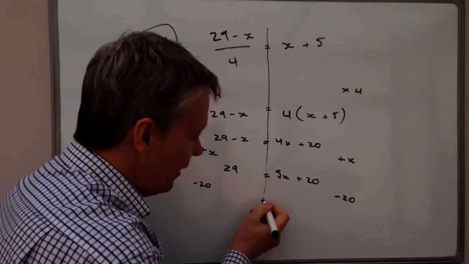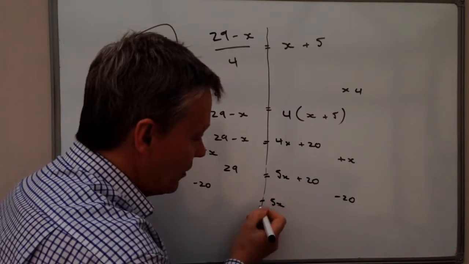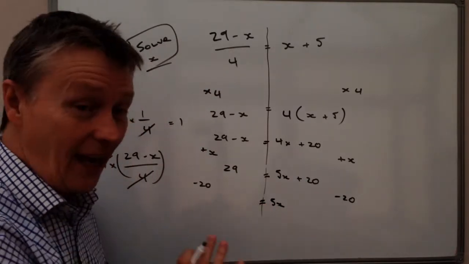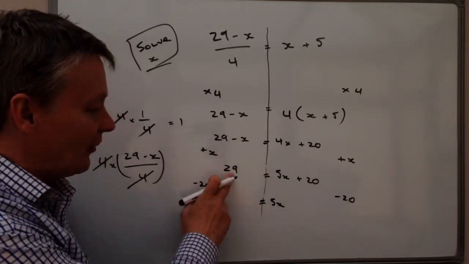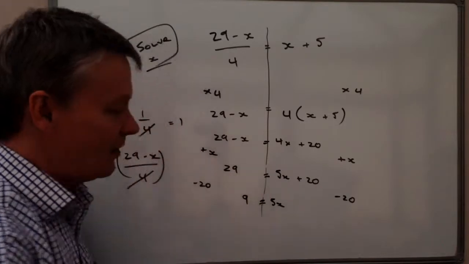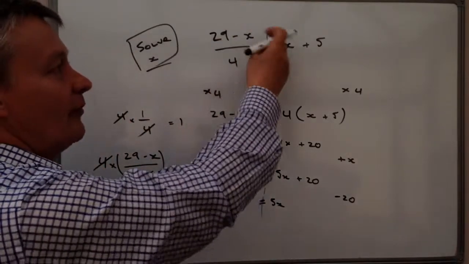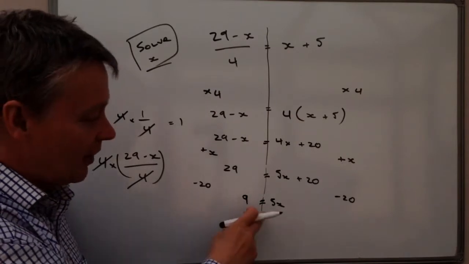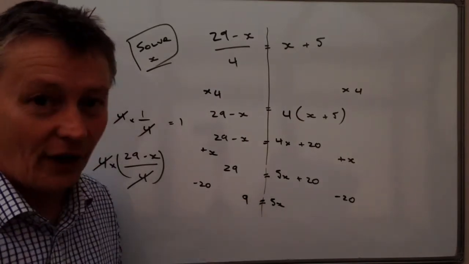That leaves me with 5x, which is great. I'm getting closer to my goal of getting x on one side. And on this side, I've got 29 minus 20, which is 9. So I've worked my way down and got myself to 9 equals 5x.